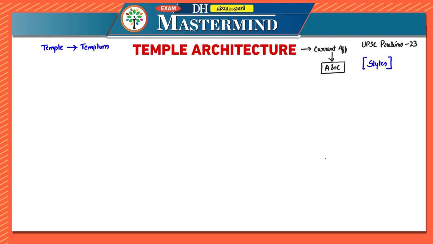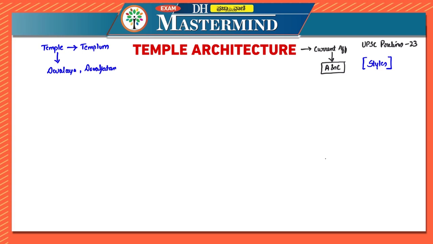In ancient literature, temple is referred to as devalaya, then devayatan and devagriha, etc. So that indicates that ancient temples were houses of God.